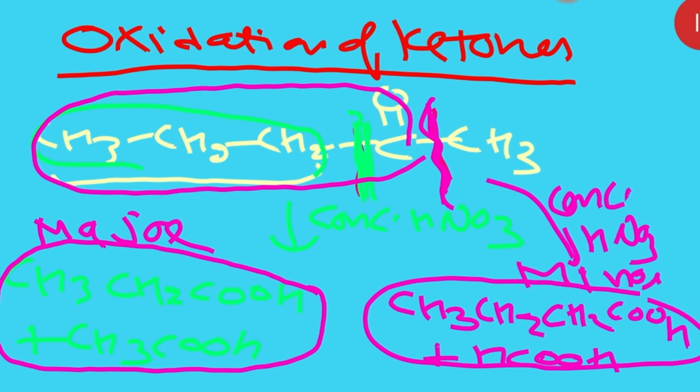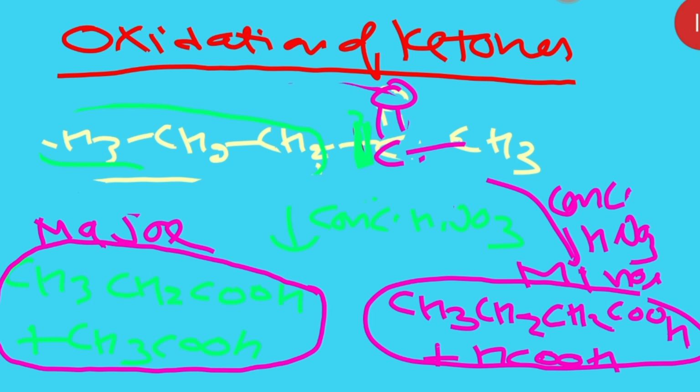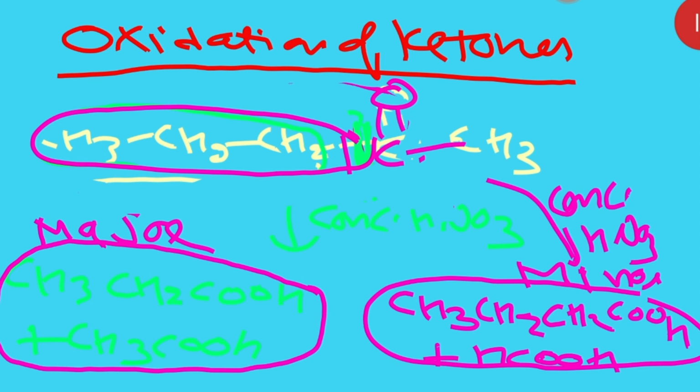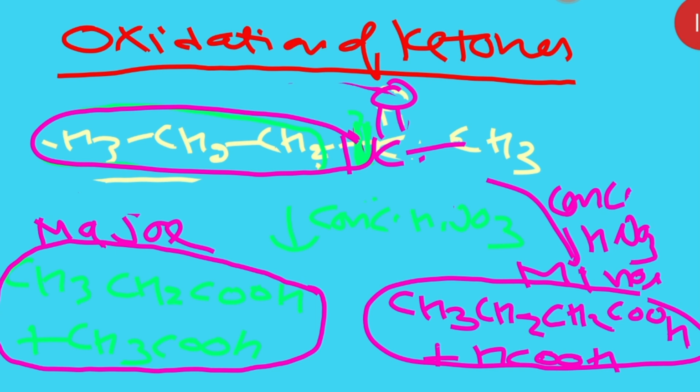When we do the cleavage of the green color, if you look very carefully, you will see the C double bond O. When we cleave the green color, the CO group will remain with the smaller alkyl group.